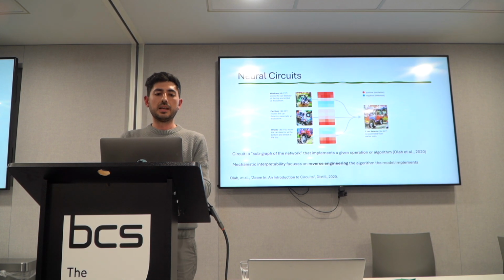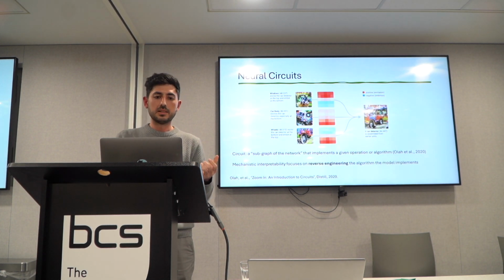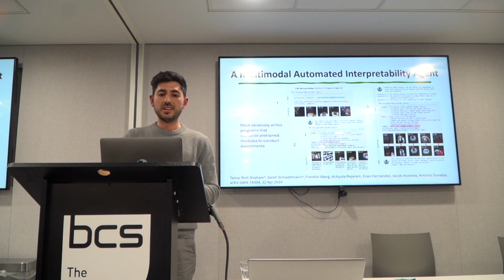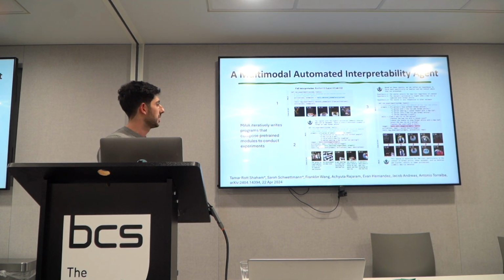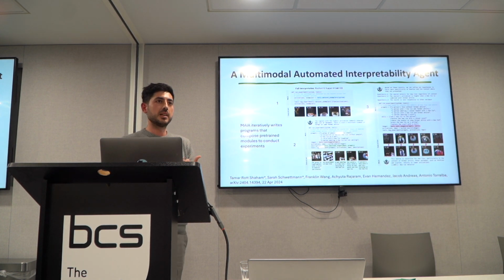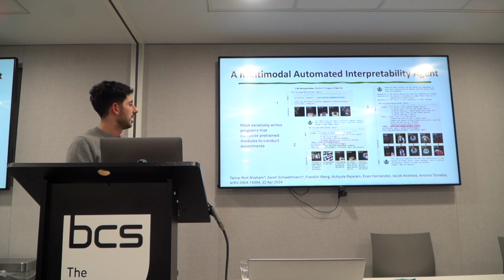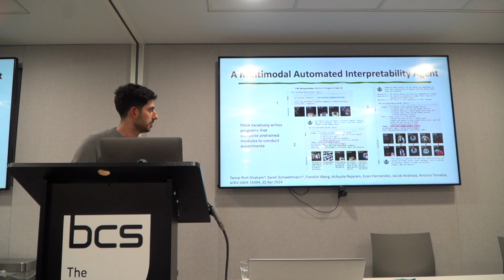And I will show you just one which came out 2 days ago as the last slide, as kind of an automated interpretation. This is kind of, let's say, the only good one in computer vision right now that is doing this kind of automated interpretation. What they're doing is you have an agent model similar to ViperGPT, which actually writes code for you.